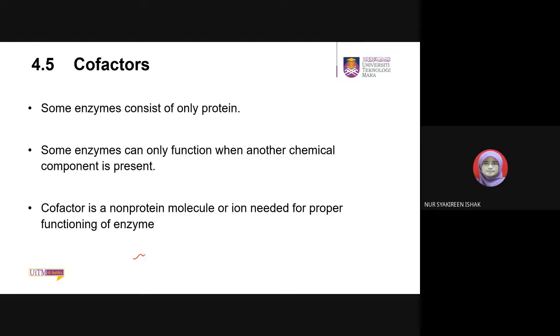So the substrate with the lowest Km value will have the highest affinity to bind to the enzyme. So basically the Km value is the substrate concentration at half of the reaction rate, half of the velocity.